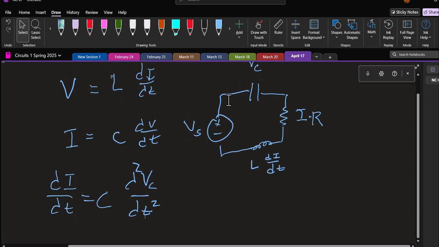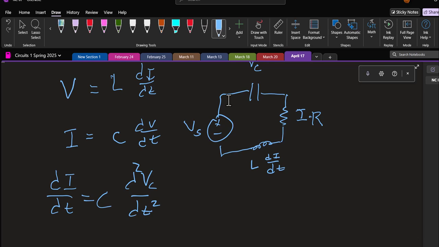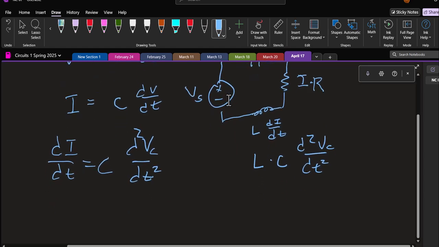And so then I can rewrite this voltage across the inductor as L times C d squared Vc/dt squared.